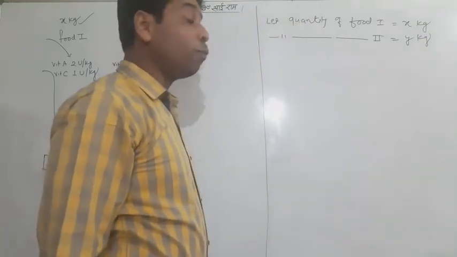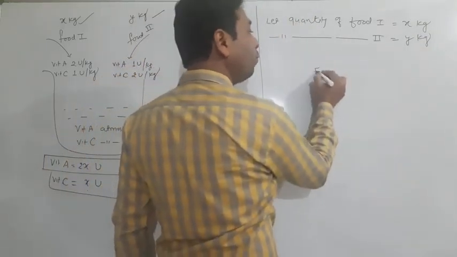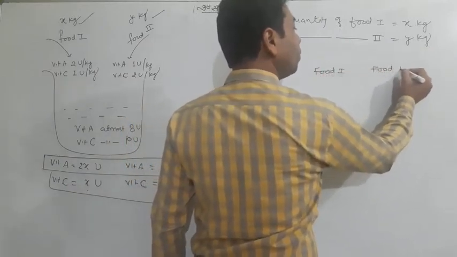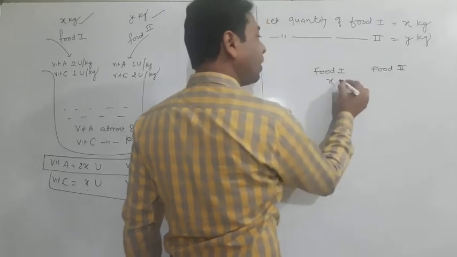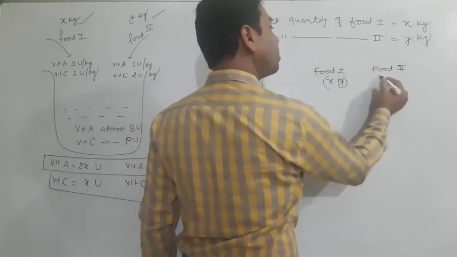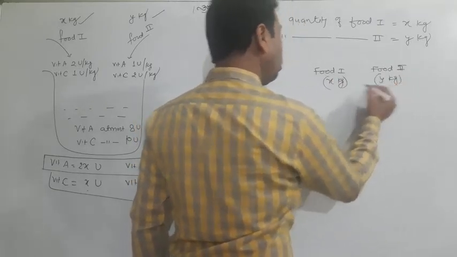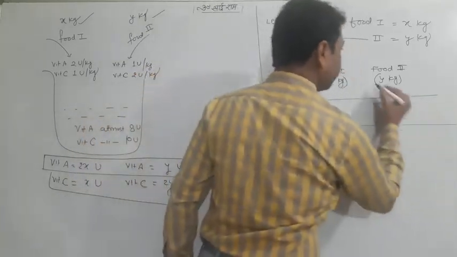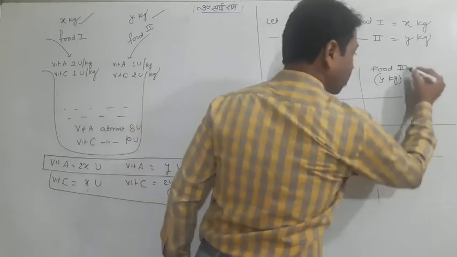So what will you write? Very interesting, I'll tell you. Look at food 1 and food 2, of which x kg and y kg are taken. Now you will write here like that. This is the simple way.